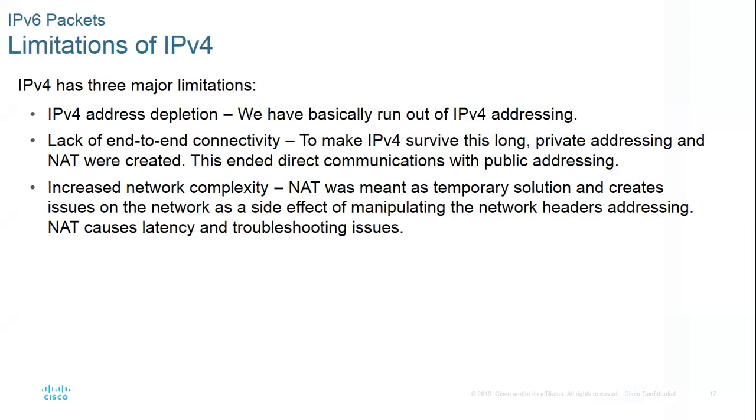Another one is a lack of end-to-end connectivity, which means that to make IPv4 survive, in the IP address schema there were public IP addresses which were going to be used by every host connected to the internet to be reachable over the internet, but we still have a pool of IP addresses called private IP addresses.